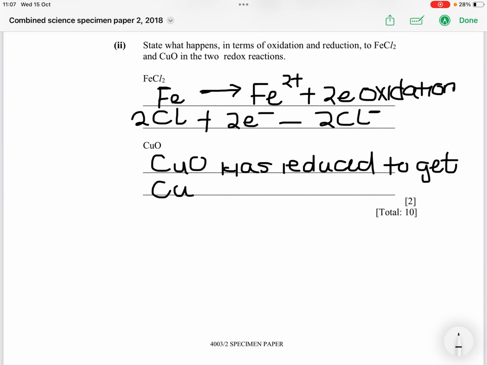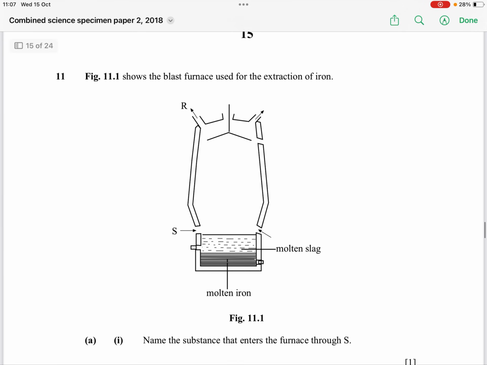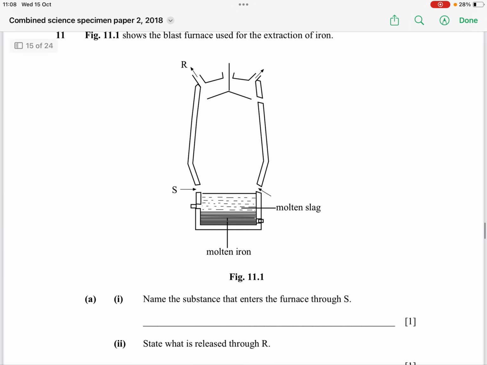Copper oxide has lost the oxygen, so we are now having just the copper without the oxygen, which means that reduction has occurred.